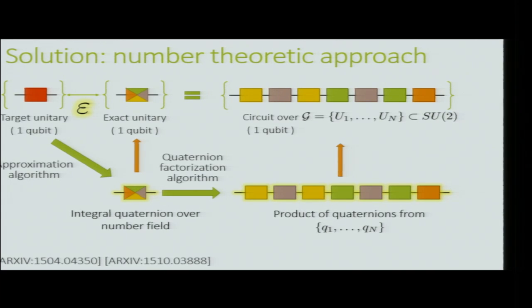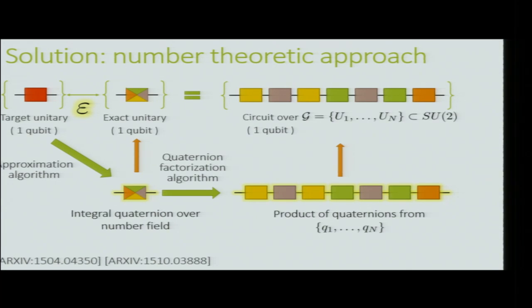Originally we figured out this structure in a very ad hoc way and just solved it going through these 2 stages. Later, this first paper is about trying to understand the underlying structure of these exact unitaries, and it turns out that it's related to integral quaternions of a number field.